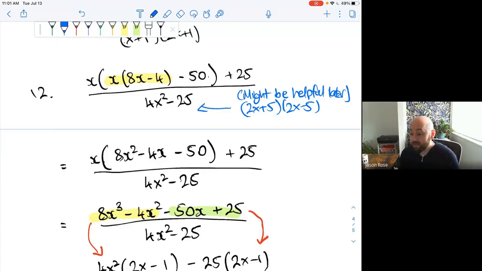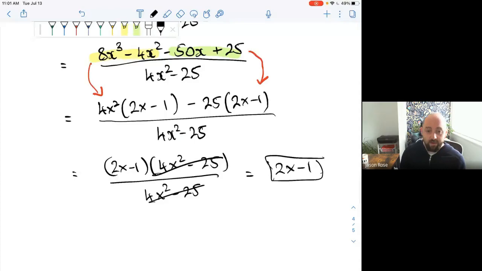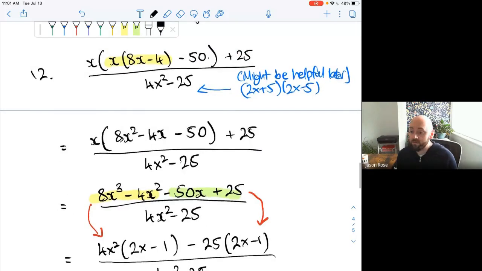Now, it turned out that it wasn't helpful, but that's just something that was in my head as I saw it. It might be helpful to know that for some of you. For example, if this term here, the 4x squared minus 25, turned out to be 2x minus 5 times 2x plus 7 or something, then it would have been good to have it in a factored format.